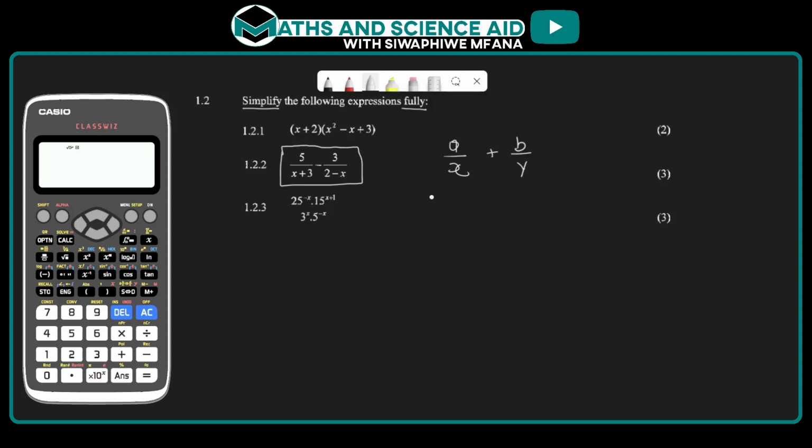And so basically what you can do is you can take the first term as it is, and then you are going to multiply the numerator and the denominator of this fraction by the denominator of the second fraction, which is y. So you are going to multiply a by y, and you also multiply x by y here.